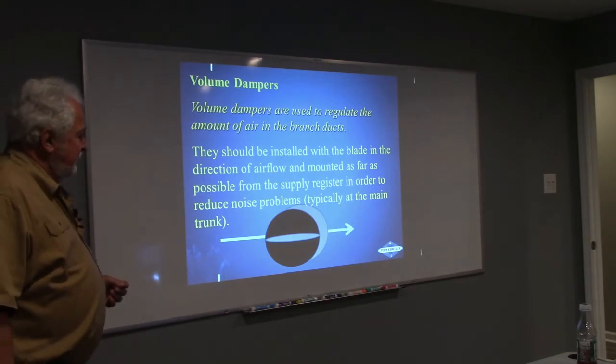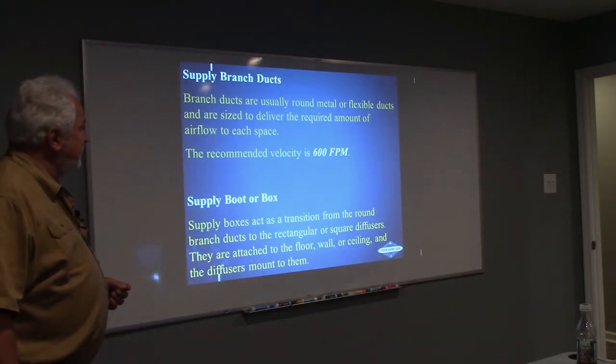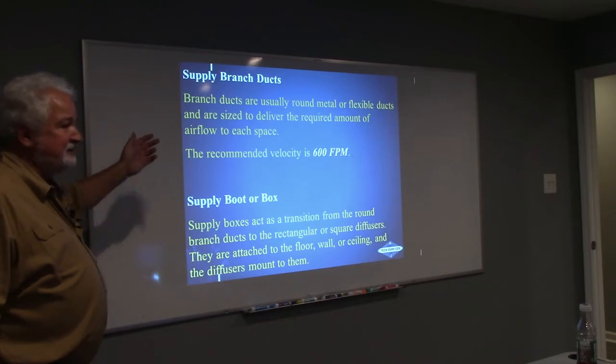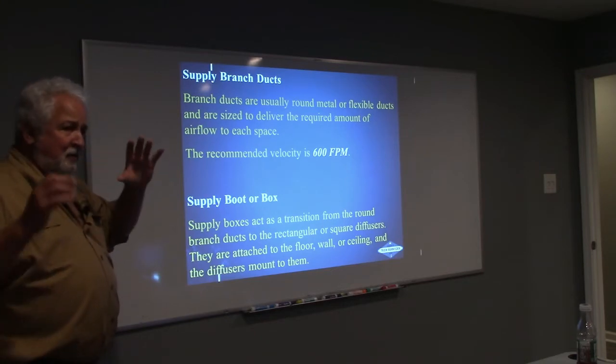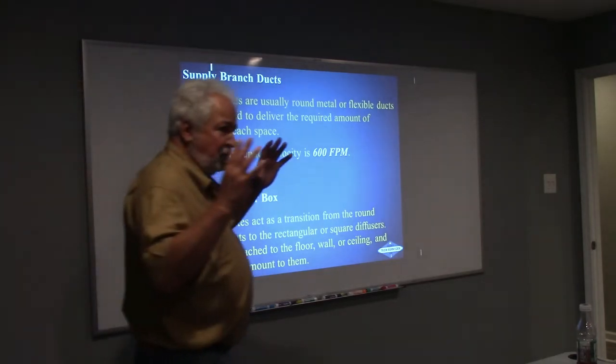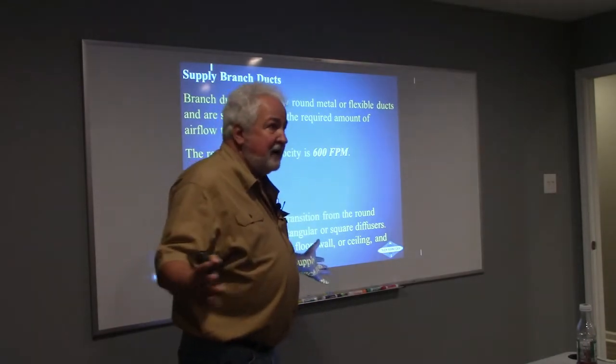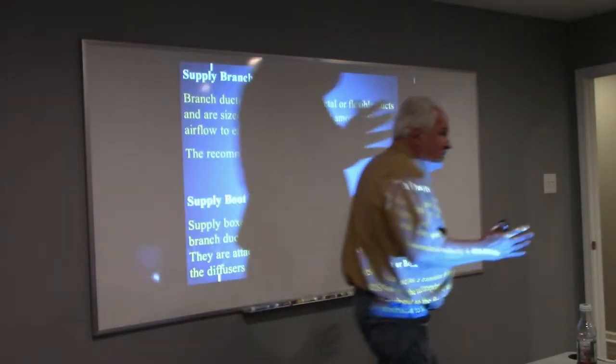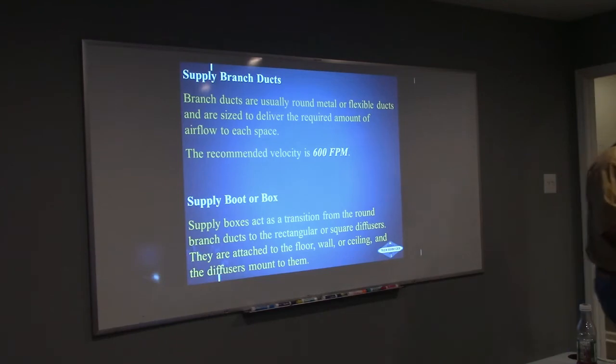If it's blowing that way, put it that way, all right? Supply branch ducts typically are going to be about 600 feet per minute. I want to start slowing that air down from that 700 to 900 feet per minute in the trunk. Now it's going to start slowing down a little bit in that branch duct. And what's it going to do at that grill? Slow down even more. Why do you think I have a 7-inch collar on a 10 by 10 box?